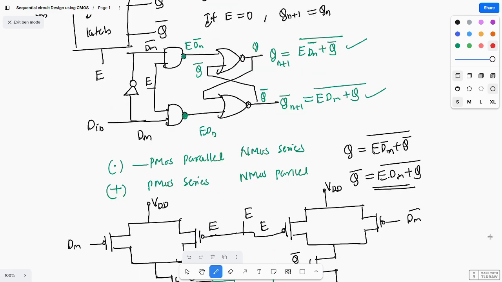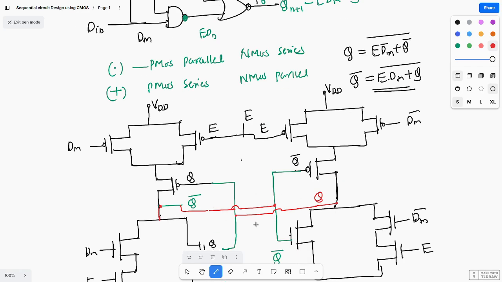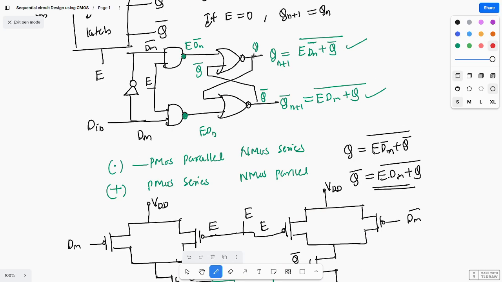Because here this will be like feedback. This feedback I am connecting like this. That means this output Q is connected as an input, and this Q bar is connected as an input. This output I am connecting as an input.